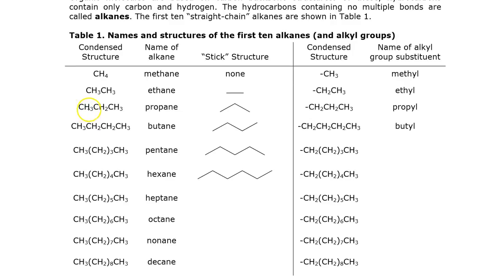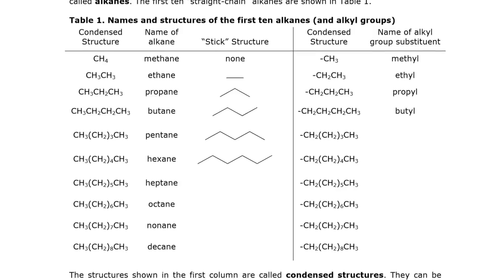There's a CH3, a CH2, and a CH3. So that's how we condense that up. When I look at the stick structure, I can see that there is a carbon here, here, and here. So each end and each bend is a carbon atom. So there's 3 carbon atoms. The hydrogens are not shown in the stick structure.